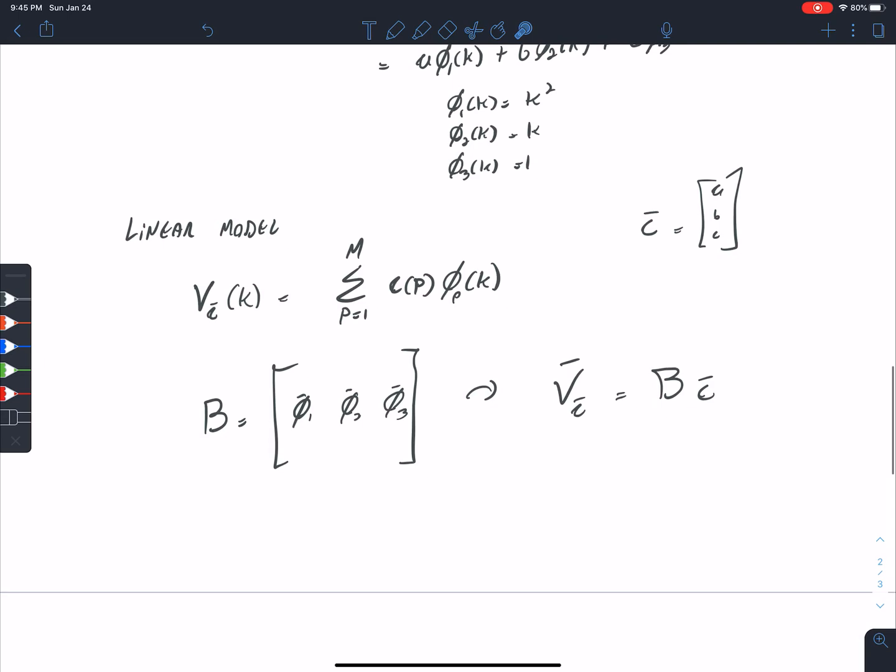All of this can be written as a matrix B, defined over here, times a vector of unknown coefficients. Anytime your model can be written this way, you can have three vectors, you can have four vectors, and these vectors can have three values for k as we have, or 10 or 1,000. This is a generic way to write it. Anytime your model can be written as a matrix times the vector of coefficients that you're seeking, this is what we call a linear model.